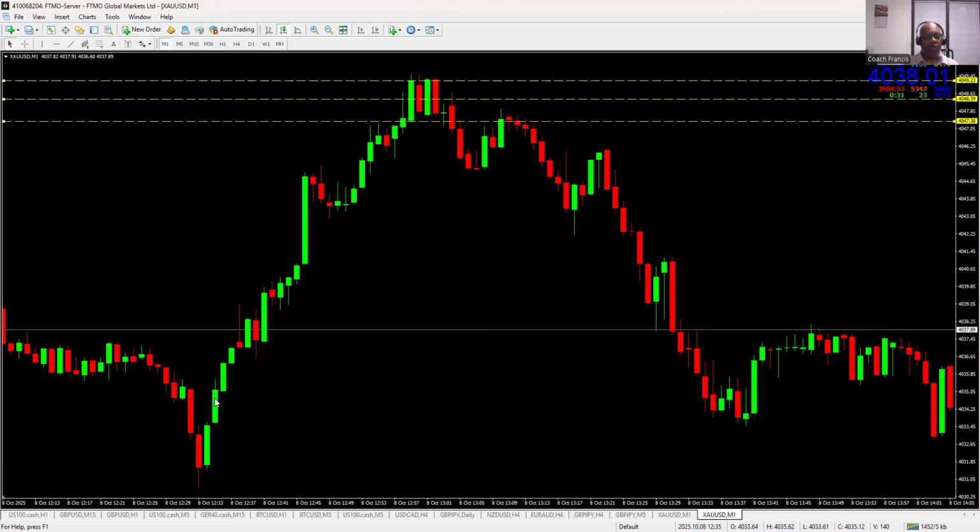No obvious pullback. The price is going up, going up, going up, no obvious pullback until the price gets here and obviously you have a series of red candles, a series of bearish candles. It's very obvious this is a pullback before it continues.